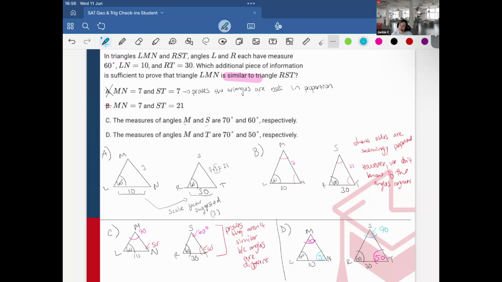In this case, this helps to prove that it is actually similar because now I have all three angles the same, and this is proving angle-angle-angle similarity. I also know one of the sides, so it has a scale factor of 3. So it's giving me matching angles. I have a pair of sides, so I can prove that the sides are also in proportion to each other, and therefore it must be correct choice D.